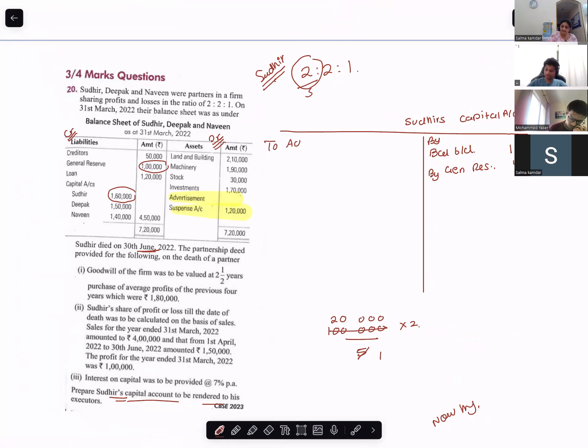So I will write advertisement suspense: 1,20,000 divided by 5 into 2. 5 ones are 5, 5 twos are 10, 5 fours are 20. So this is 24,000. 24,000 into 2 will become how much? 48,000.